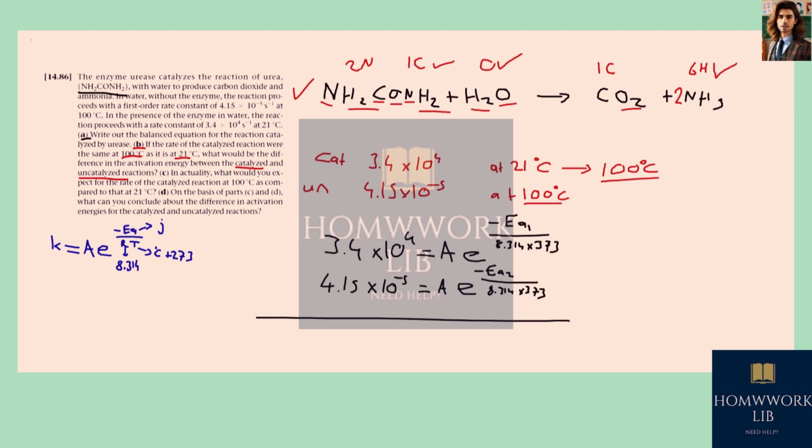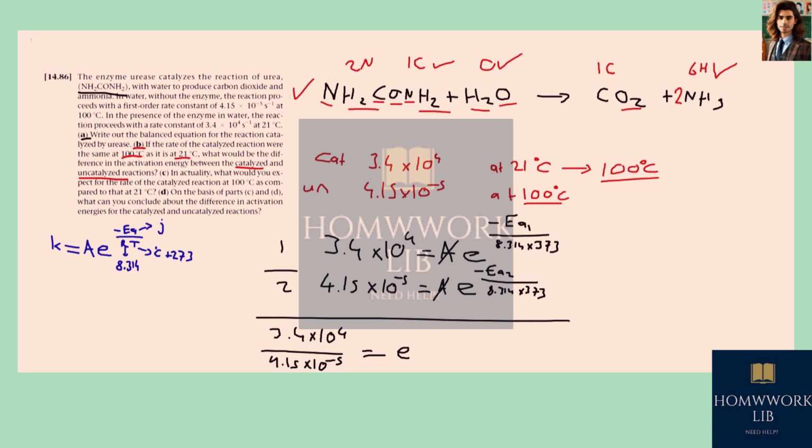If I divide these two sides by each other, what we're going to get is 3.4 times 10 to the power of 4 divided by 4.15 times 10 to the power of -5 equals, the A's cancel each other, e to the power.